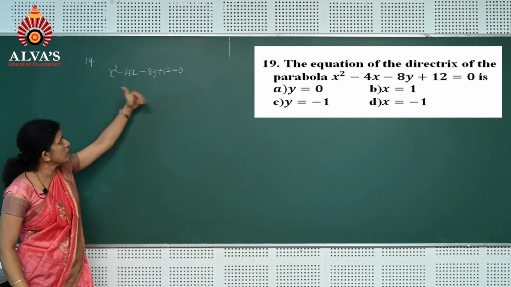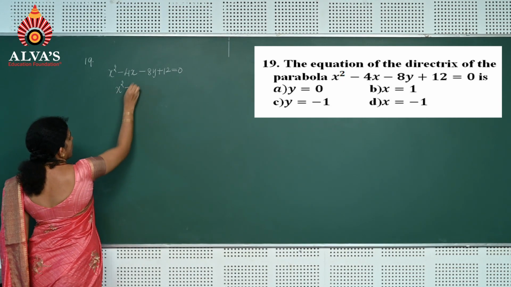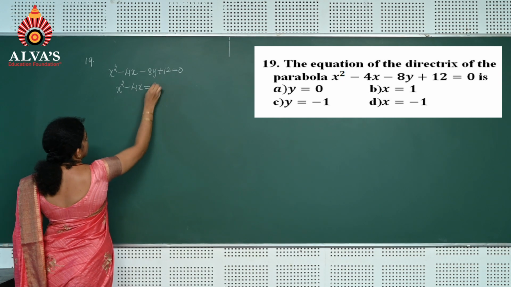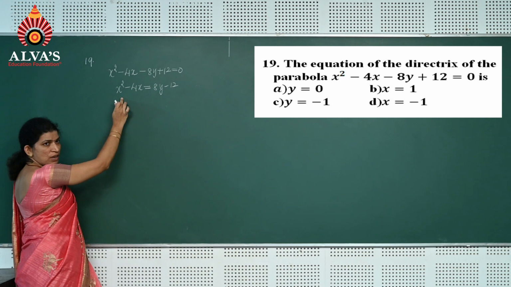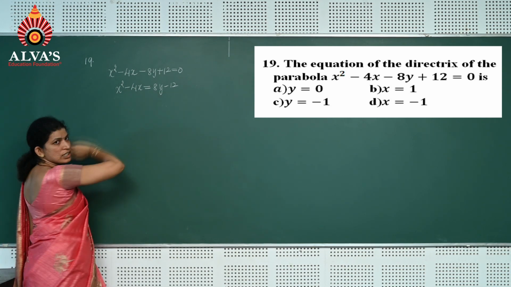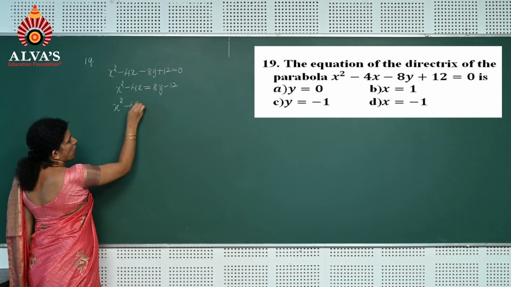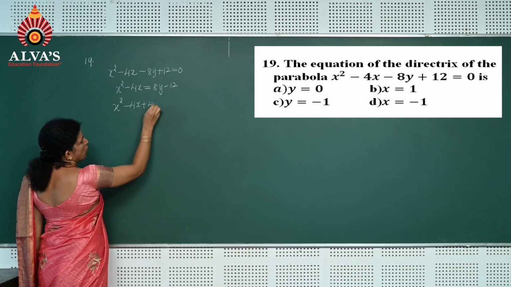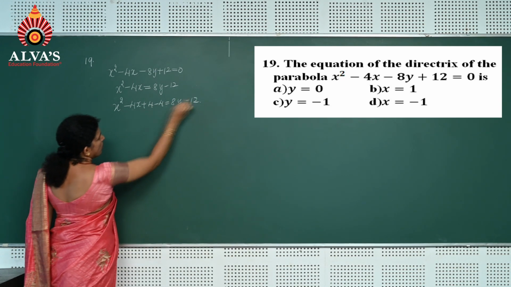Let us convert this equation to the standard form, that is x square minus 4x equal to 8y minus 12. See, come to the left hand side. I am completing the square by adding and subtracting the suitable term, that is x square minus 4x plus 4 minus 4, that is equal to 8y minus 12.